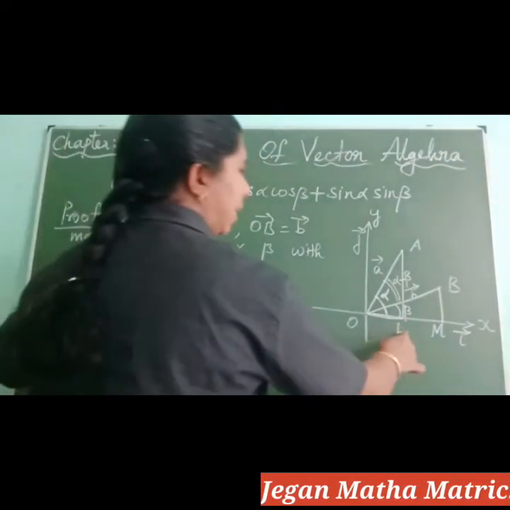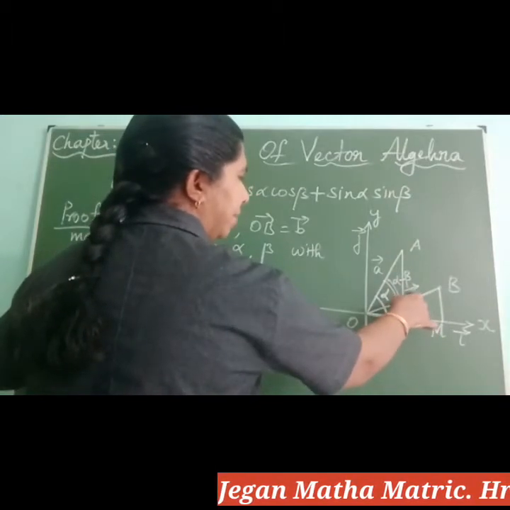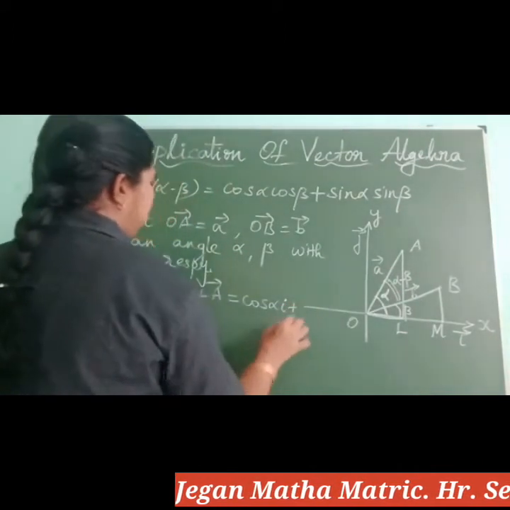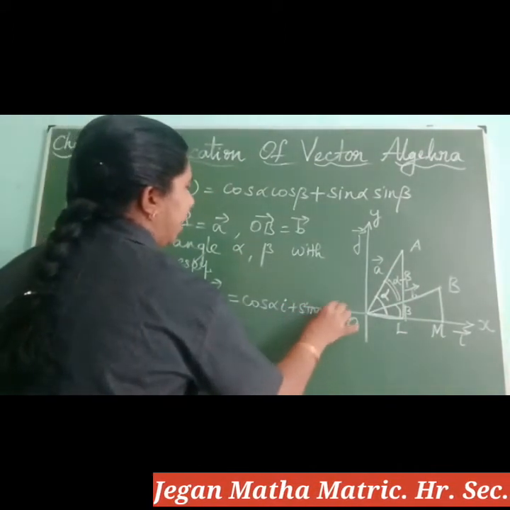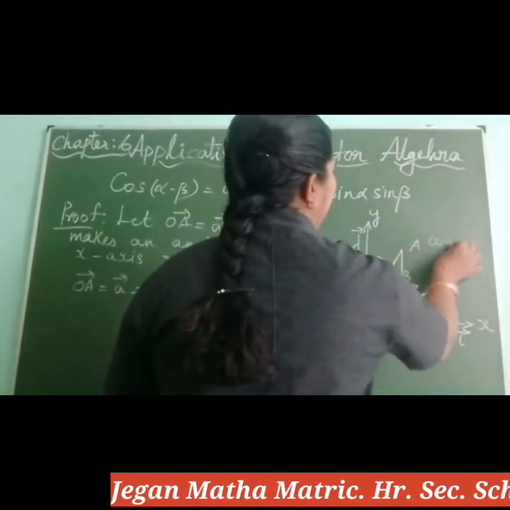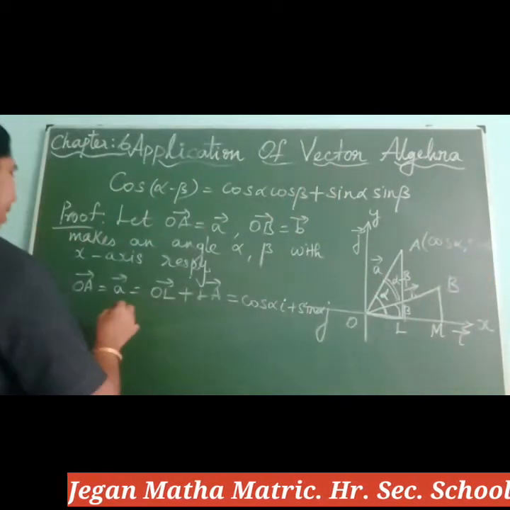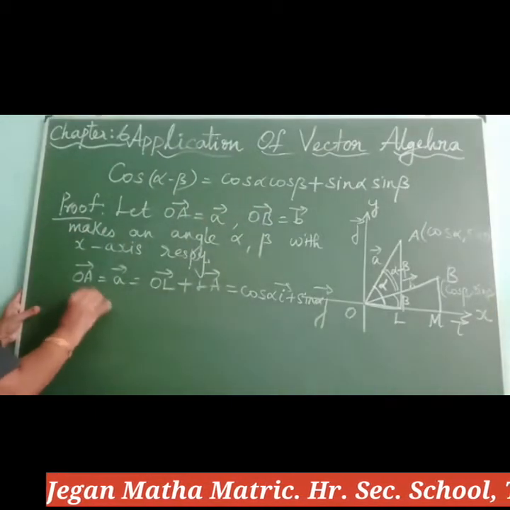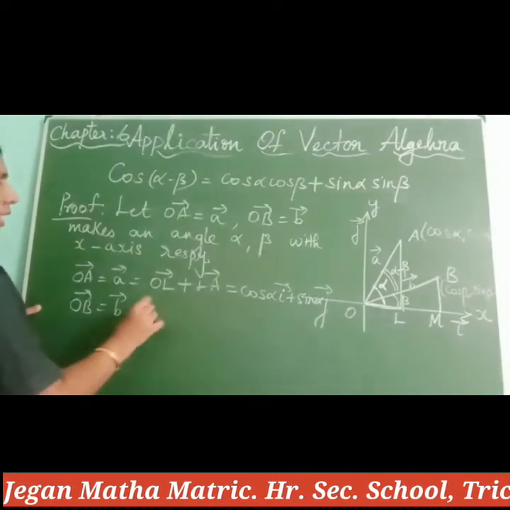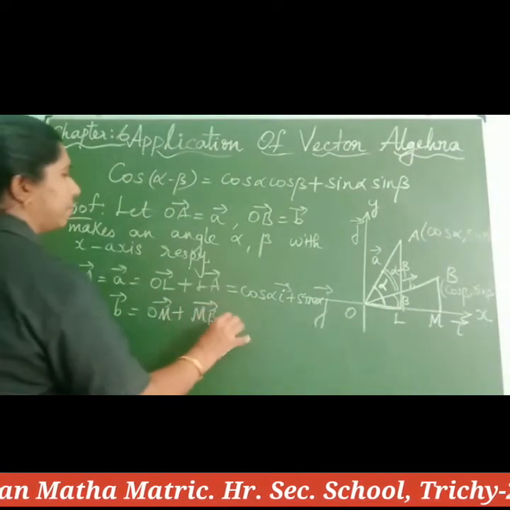In the same way, LA is the opposite side, so you can write sin alpha j. Therefore the coordinate of A is (cos alpha, sin alpha). In the same way, OB vector, which is B vector, is equal to OM plus MB vector.